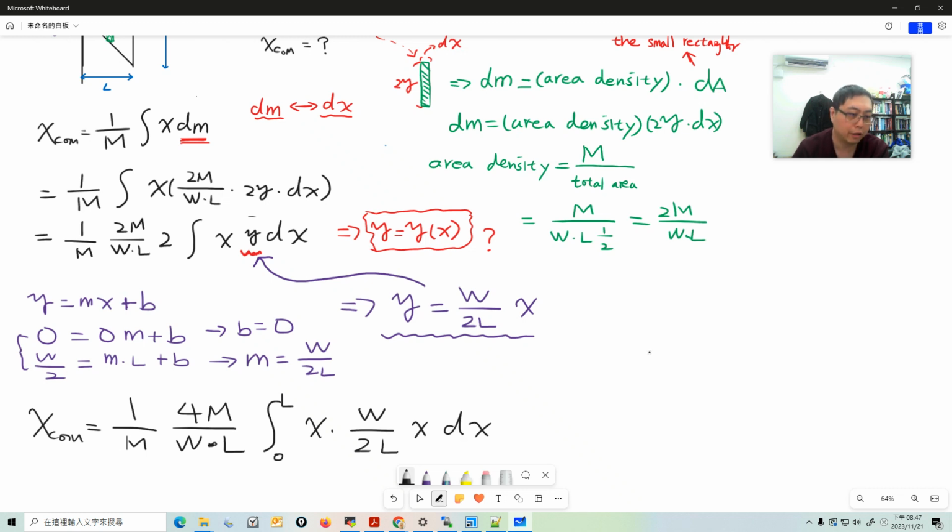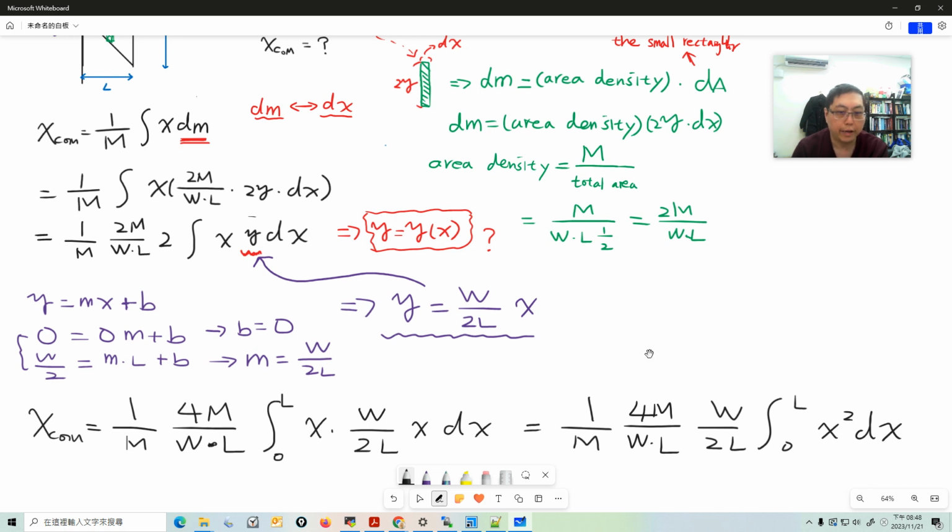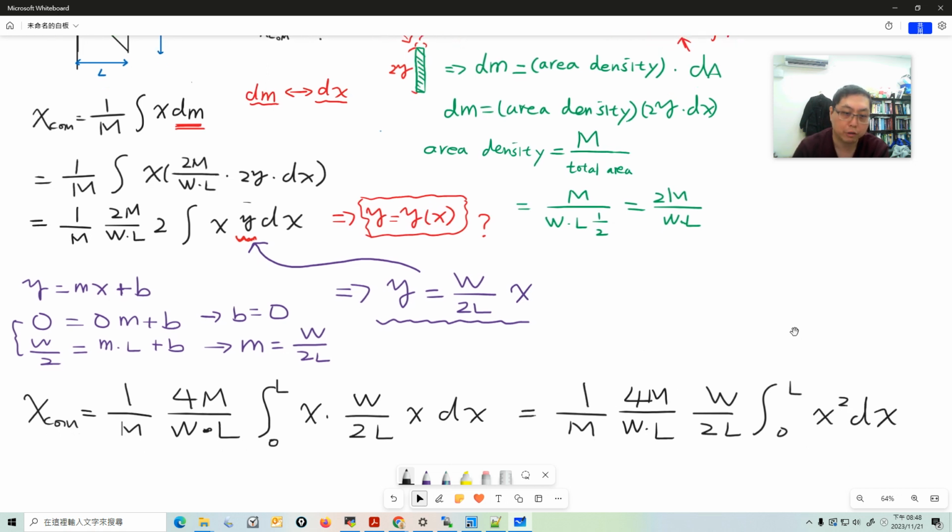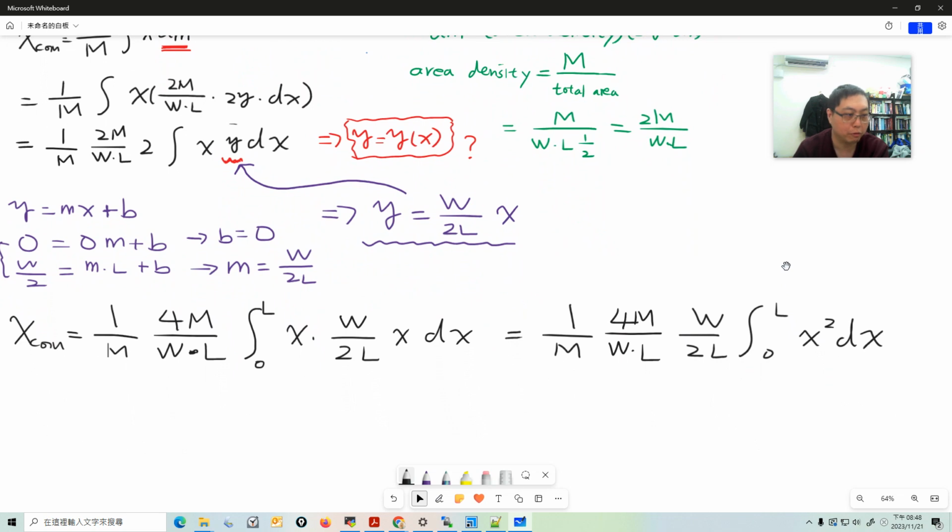Yeah, we also have another constant W over 2L, so it's a constant. So factor it out. So many constants. Oh, it's crazy. So did I do the calculation right? 2 over L W, integral from 0 to L of x squared dx. Okay, so this is also a power function integration. I hope you can do it by yourself.